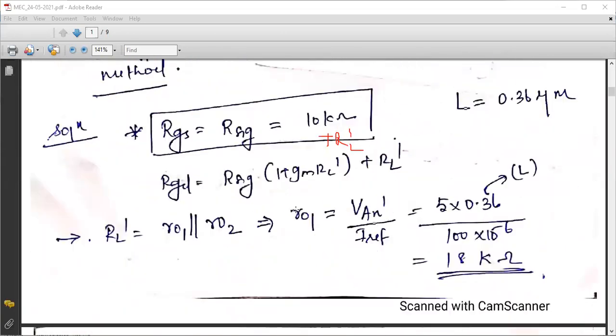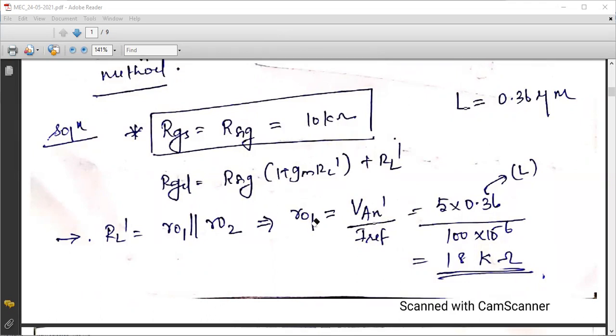So now if you see this equation, which is unknown here, you need to find RL dash, right? And you know the equation for RL dash. RL dash is nothing but ro1 parallel ro2. Where ro1 is the output resistance of the first transistor, which is given by the early voltage by the drain current, VA by ID.